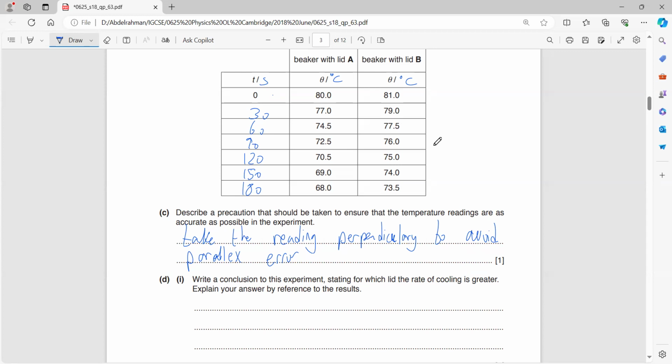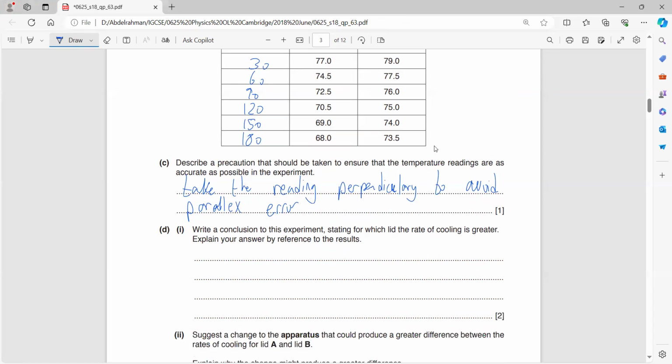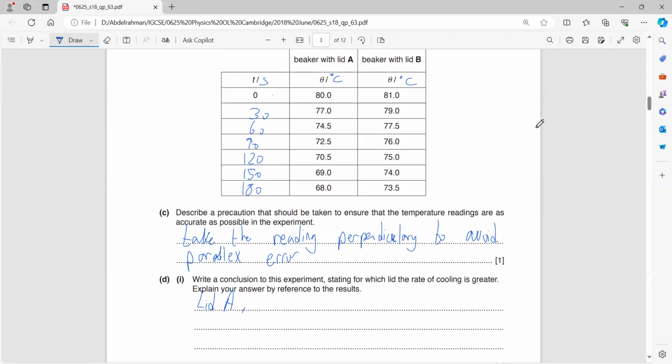Which lid? Lid A. Okay, why? Because between every temperature there is a bigger difference. Okay, lid A is correct. Since it loses how much? It started at 80 and ended at 68.